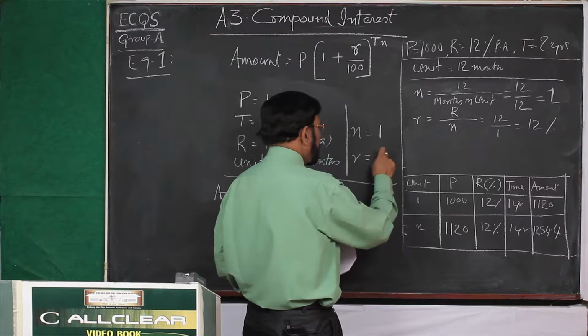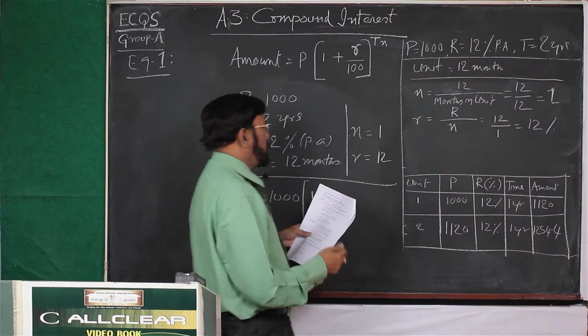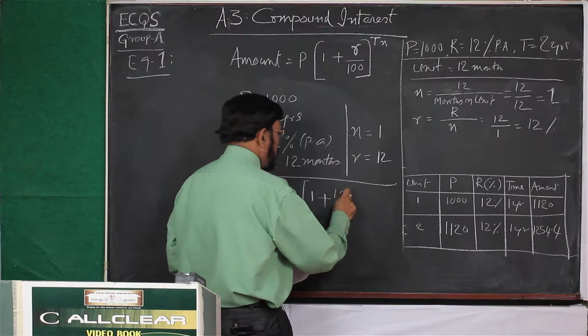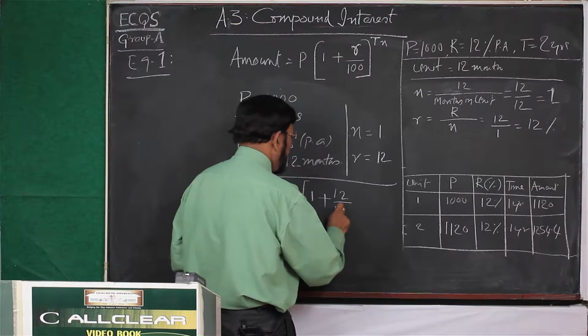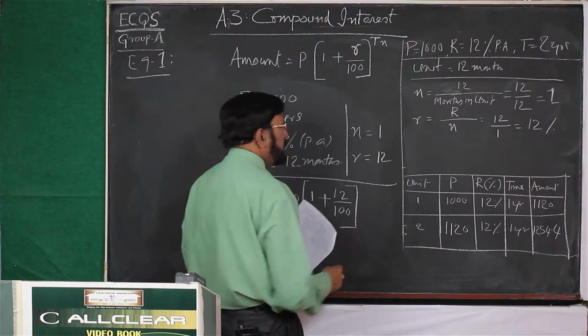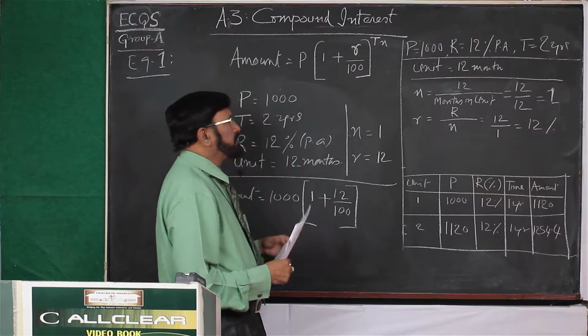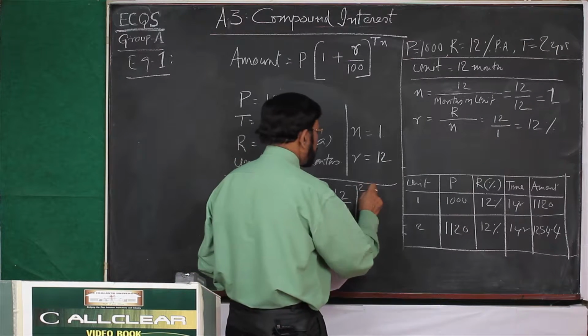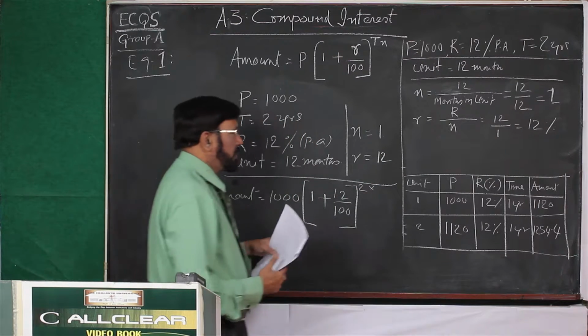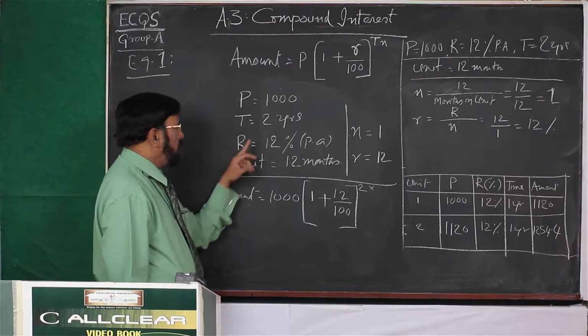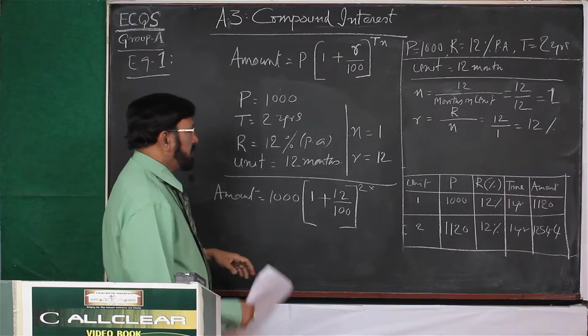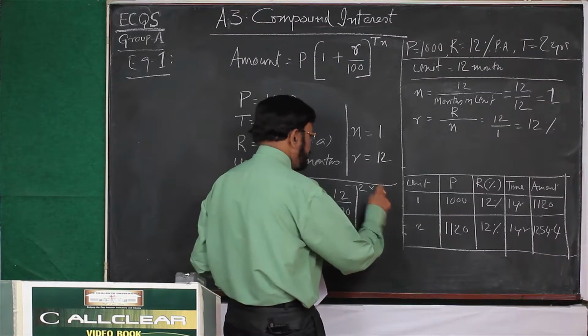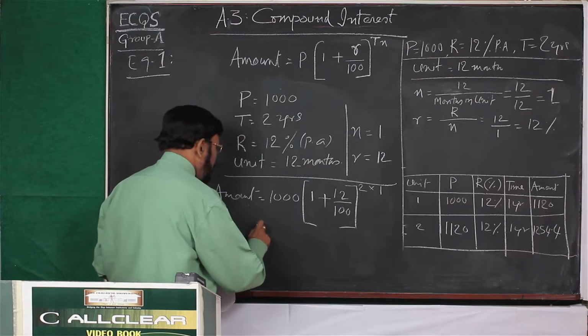N is 1, R is 12. So, 12 by 100, here T is 2 years, into N, N is 1.